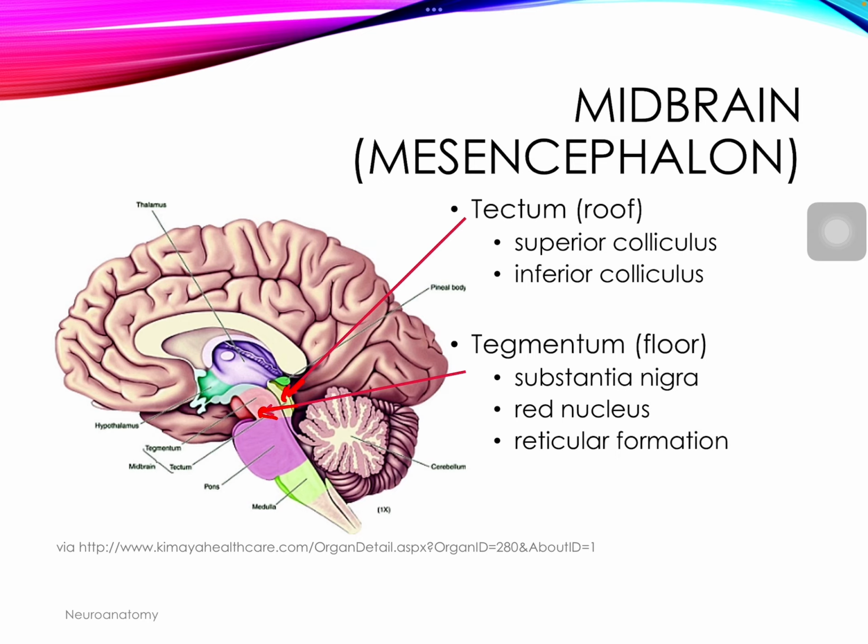And so we talked about the superior colliculus being the front part of the, it's a very good landmark of the corpus callosum, whereas the inferior colliculus is the back part, a really good landmark of where the corpus callosum is in the back.